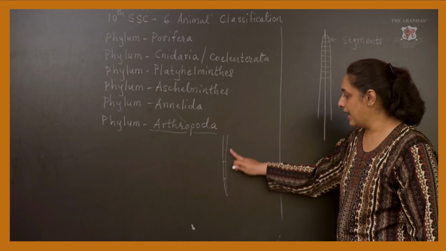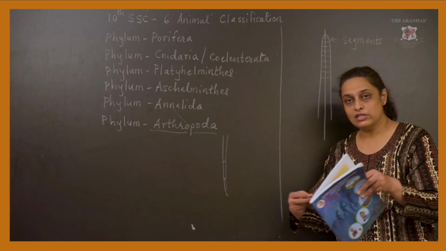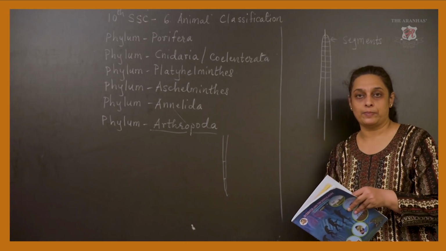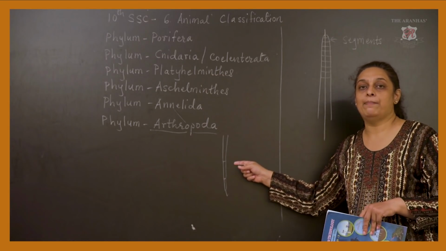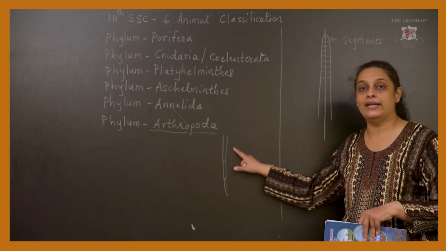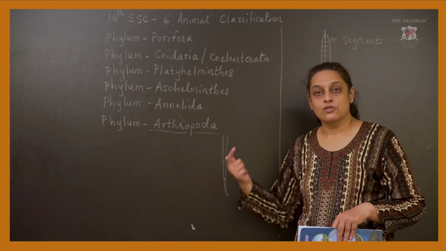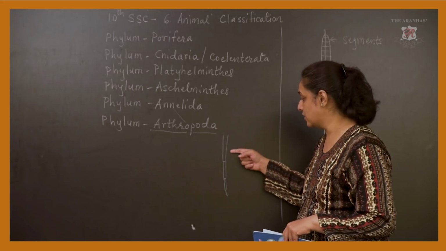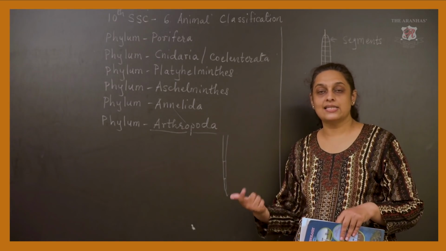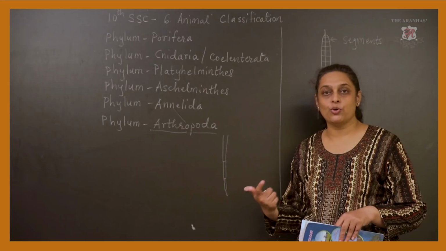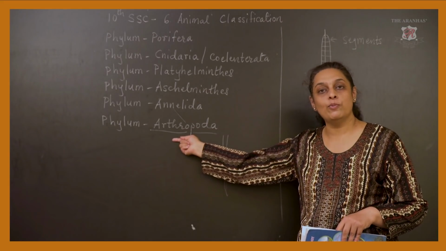So, you will find as if these legs have pieces and those pieces are joined together. So, that is the meaning of jointed appendages. Now, this is appendage. Appendage means a locomotory organ. So, if an appendage has such segments or pieces, then it is a segmented appendage or jointed appendage, and those members are in arthropoda.